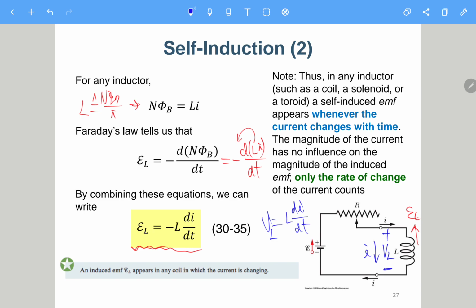Just now we mentioned that you need to be careful about the electric potential. Inside this inductor, you don't try to talk about the electric potential, but here, as we talk about the lumped circuit, you can consider the electric potential at this point and at this point. You subtract the potential at this point from this point, which will be V_L, and V_L equals L di/dt. So we don't have a negative sign here.